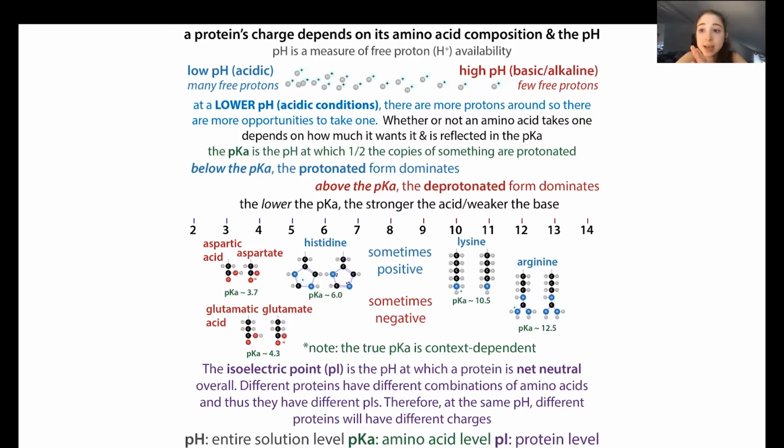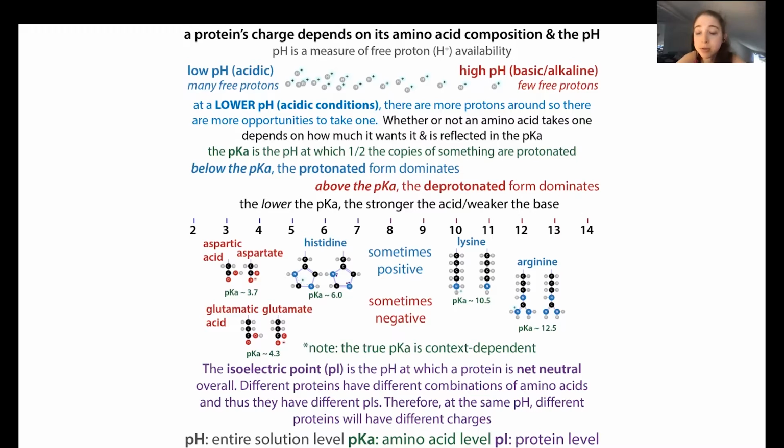If you go to a pH above the pI, you're going down in proton availability, and the protein starts picking up more negative charge. If you go below the pI, there are more protons available, so the negative things start taking them and getting neutral, and the neutral things start taking them and getting positive. So overall, your protein is getting more positively charged.